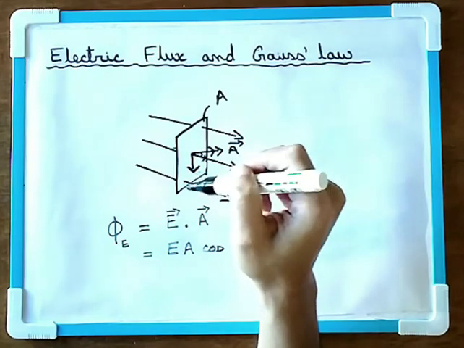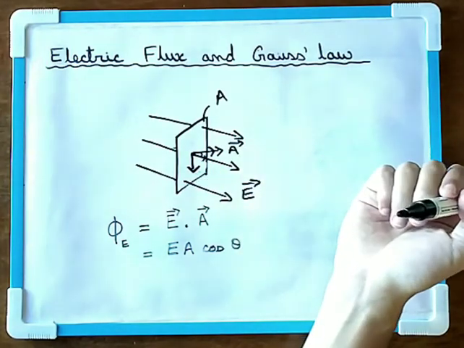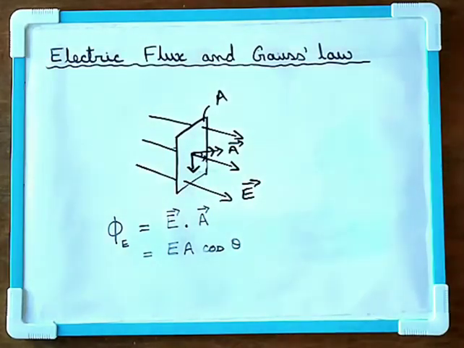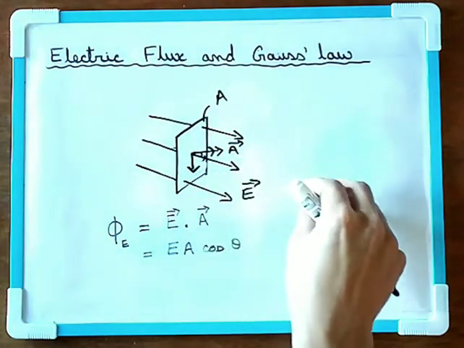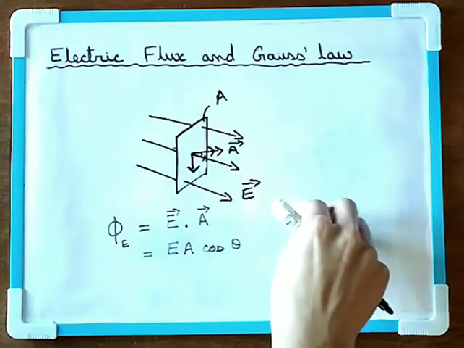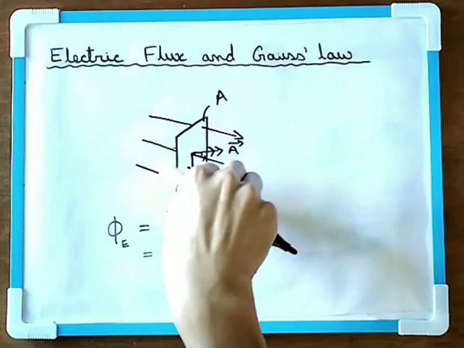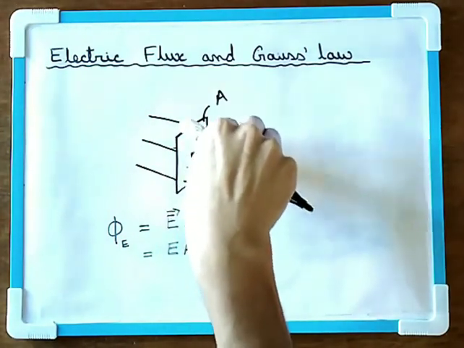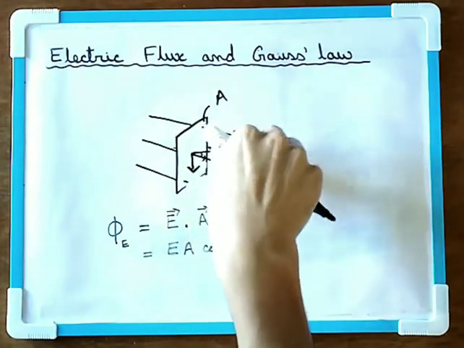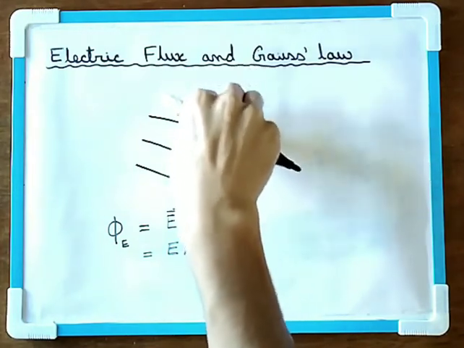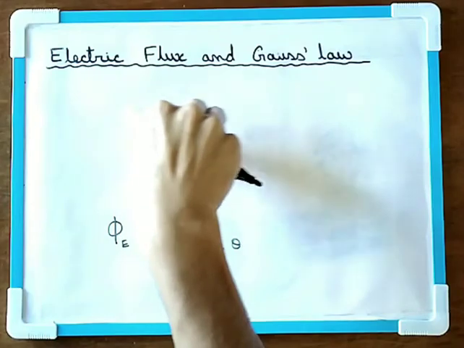Hence you have your phi E equal to E dot A, which is equal to EA cos theta. Okay, so in the earlier case, I've shown you the electric flux to be equal to EA when the electric field line crosses the area normally.